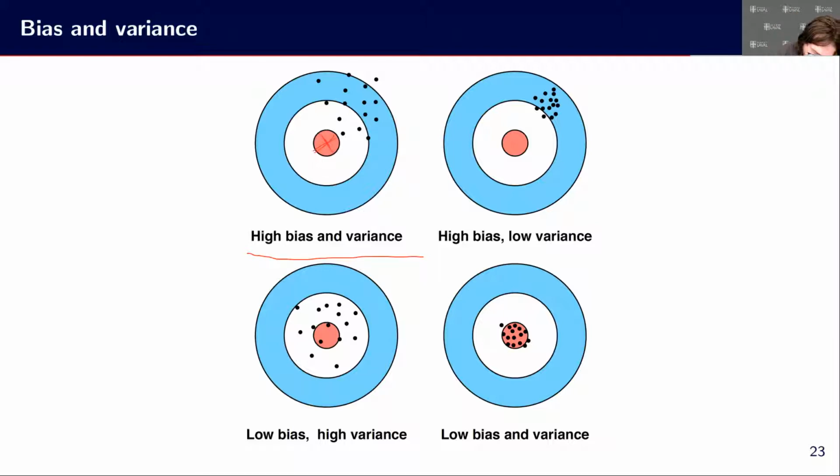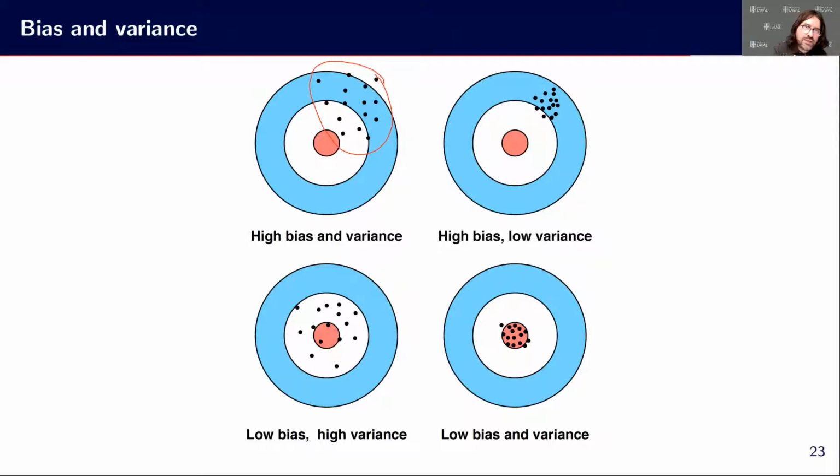But in fact we have a bias, because on average we are somewhere off. There is some distance between what we want as target and what we obtain here, so this is a big bias. And on top of that, we also have a huge variance because the points are spread out over a big zone.